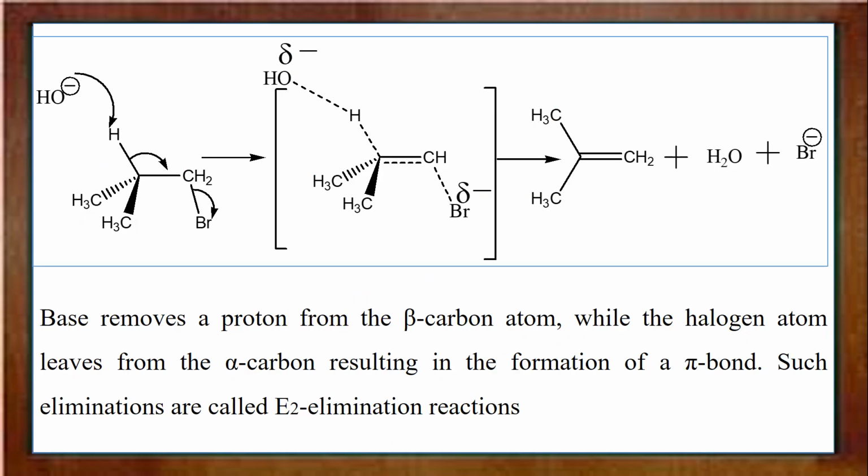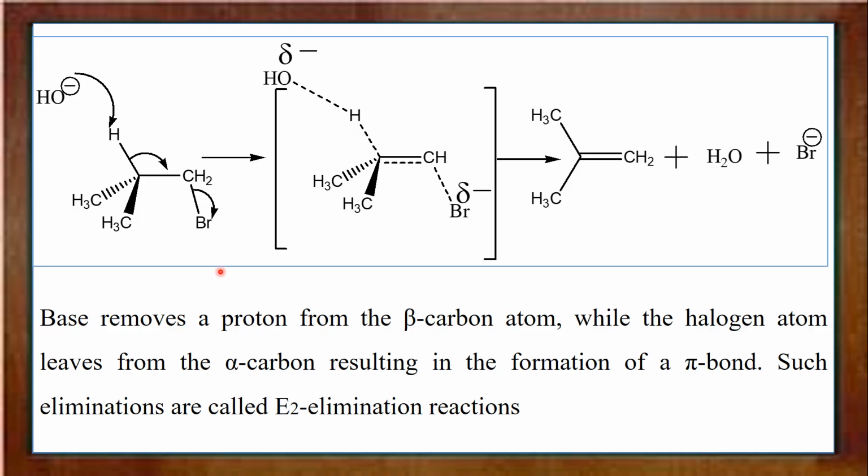Here is an alkyl halide undergoing elimination, dehydrohalogenation with the help of a base. So the base abstracts the beta hydrogen from here. Once the proton is removed from here, these bonded electrons are moving between these two carbon atoms, and that pushes out the bromide.